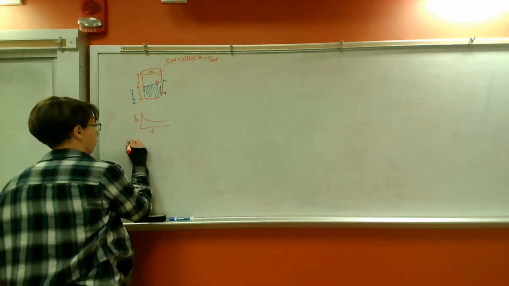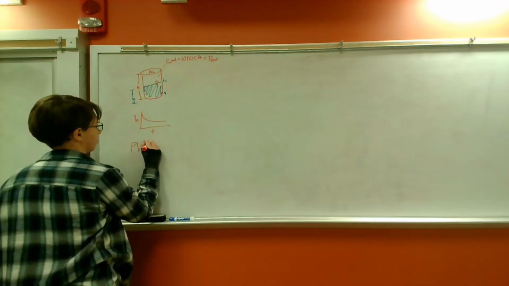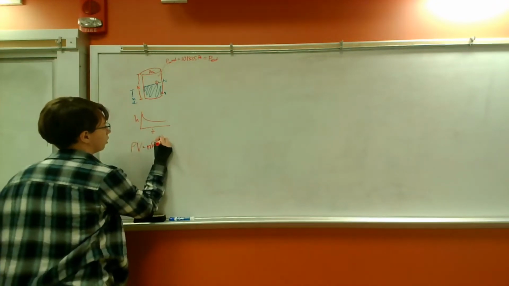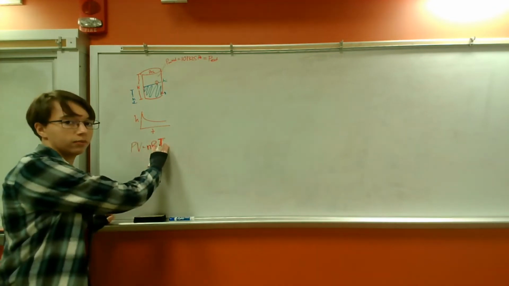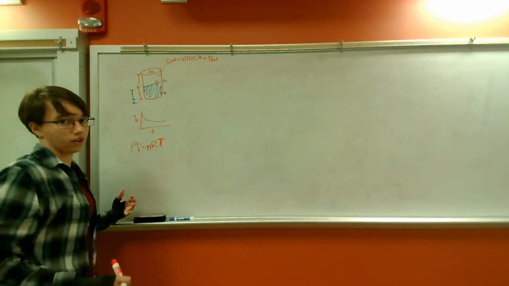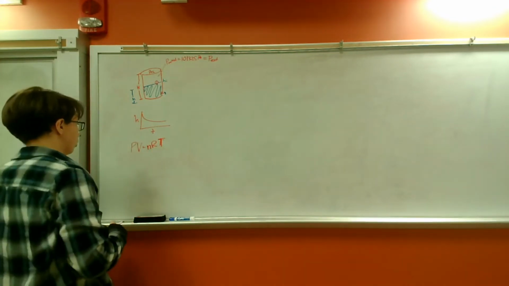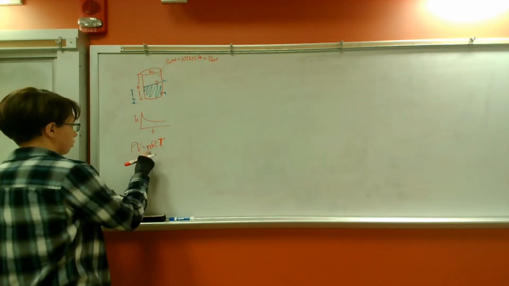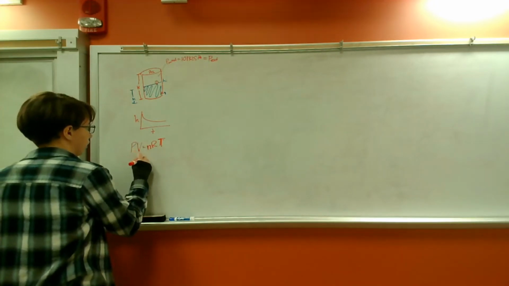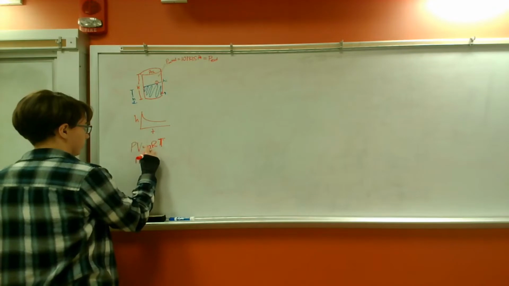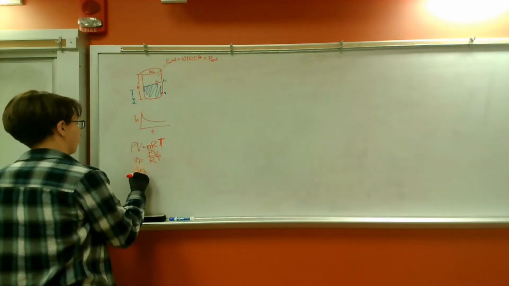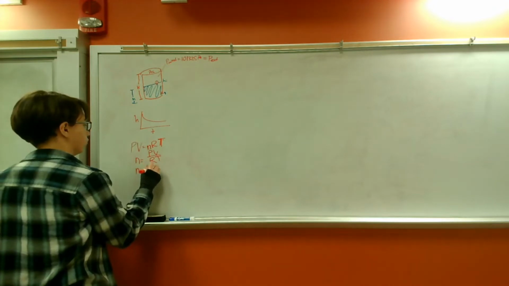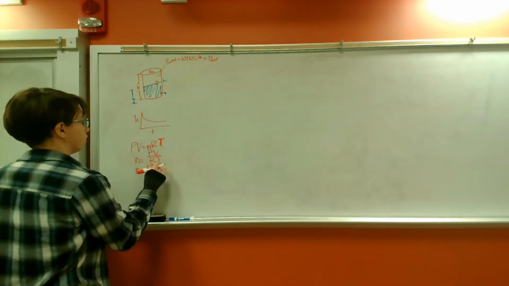So the ideal gas law is PV equals nRT. And in this case, we're going to assume that the temperature of the entire system is constant and it's not going to change. So to solve for moles, we have n is equal to PV over RT. So n equals 101.325 times the volume.